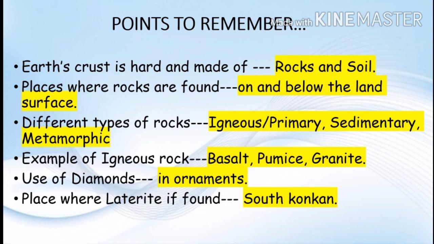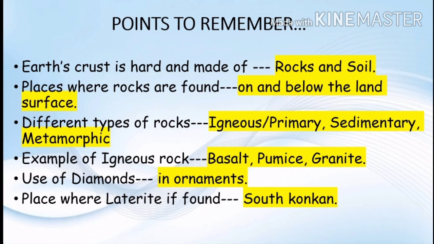Earth's crust is hard and made up of rocks and soil. Point 2. Rocks are found on and below the land surface. Point 3. There are 3 different types of rocks: igneous rocks, which are also called primary rocks, sedimentary rocks and metamorphic rocks.